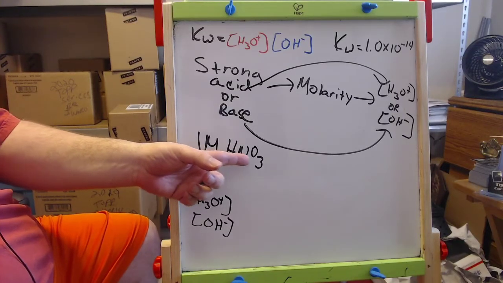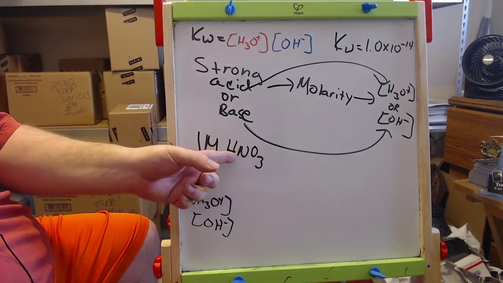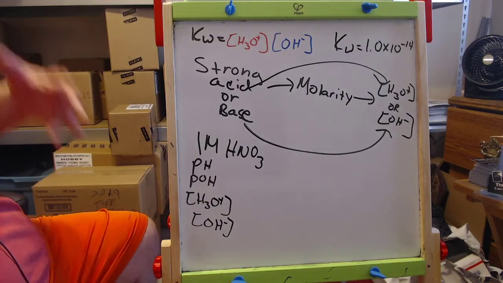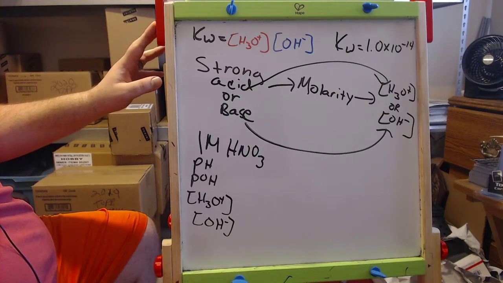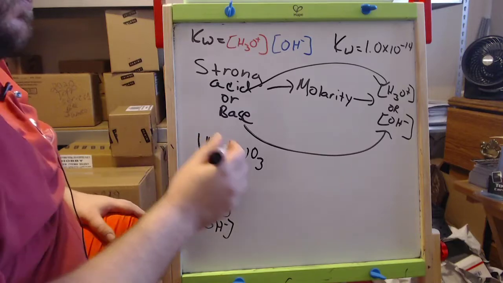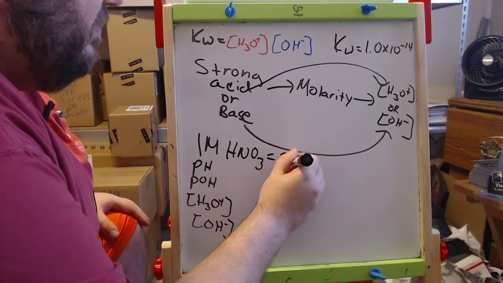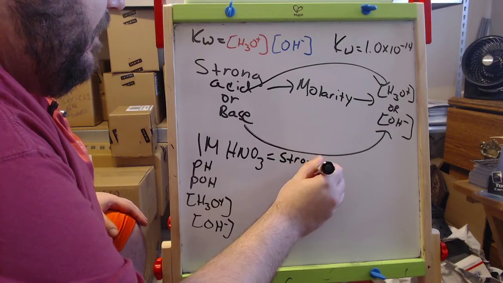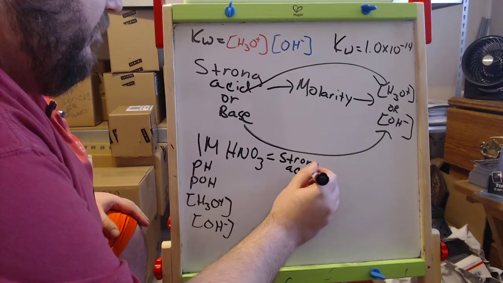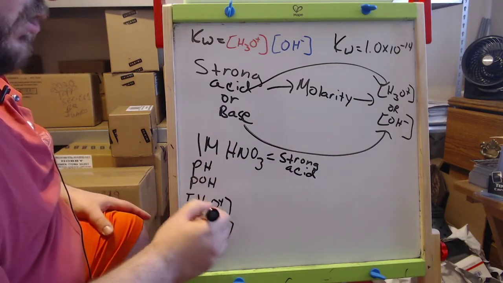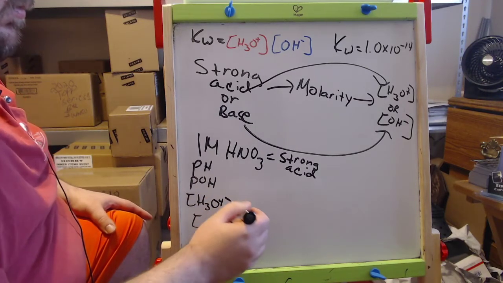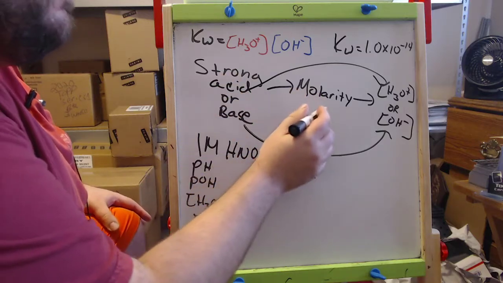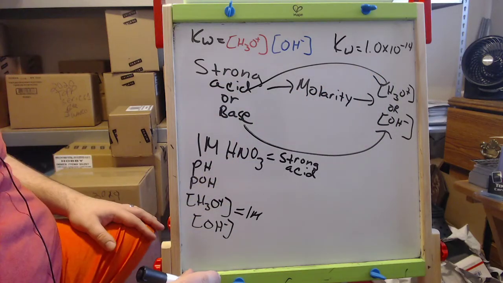The way I know I'm a strong acid, I have 2 or more oxygen than hydrogen. So go back to our acid-base review. So, since I'm a strong acid, my concentration of H3O plus is 1 molar, because for a strong acid, the molarity tells me the concentration of H3O plus.